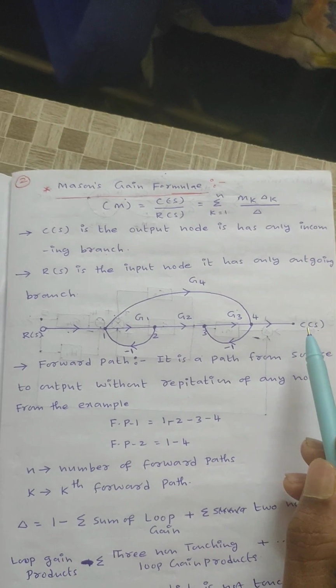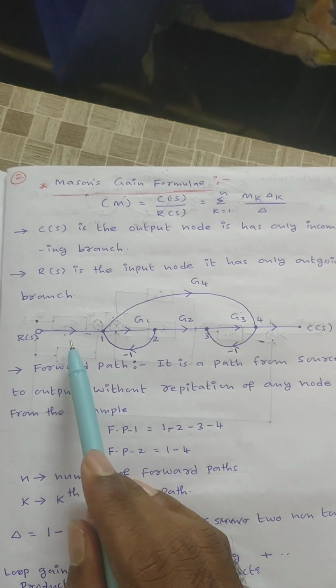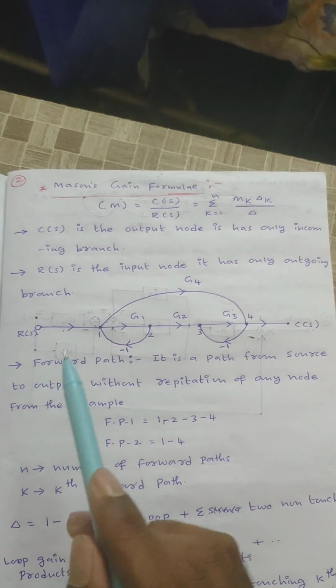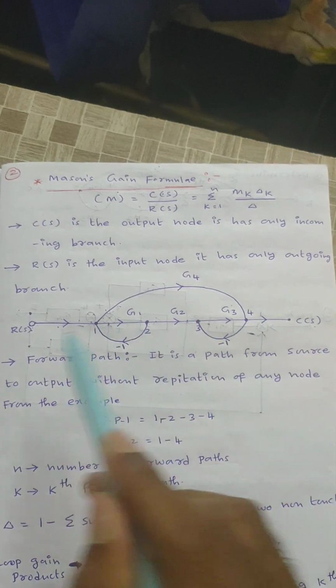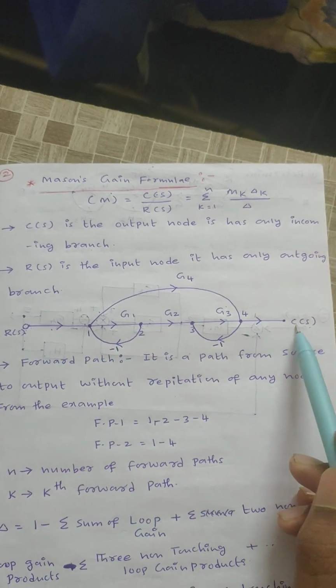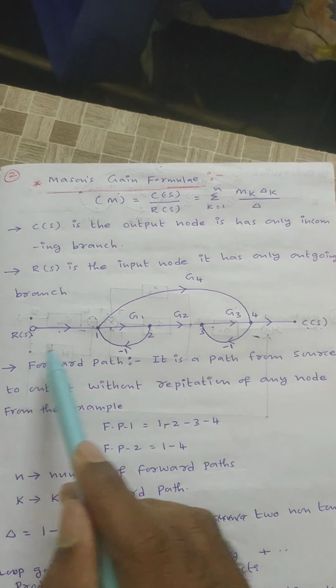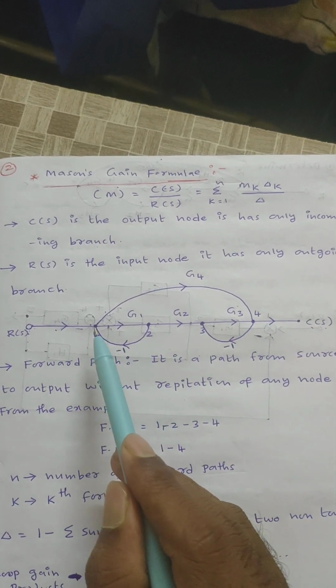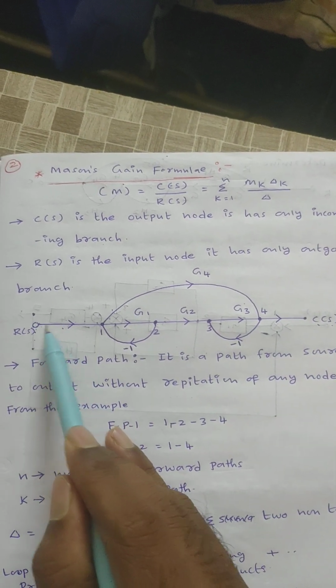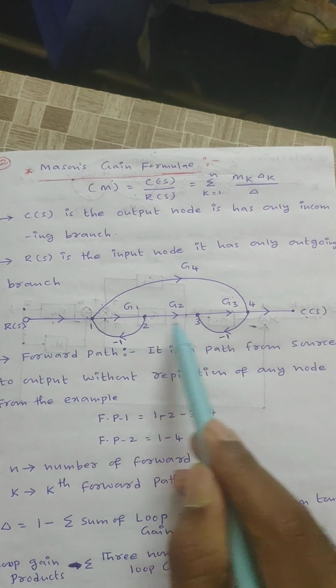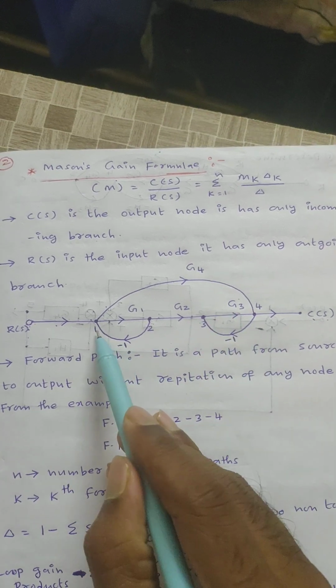First of all we need to know about the forward path. A forward path is a path from source to destination, that means R of S to C of S. In this path there is no repetition of any node. See here, how many nodes does this forward path have? 1, 2, 3, 4, so it has 4 nodes.